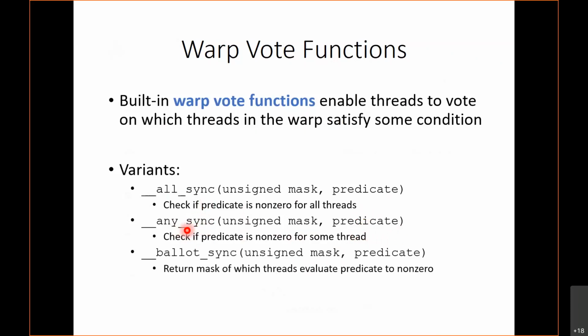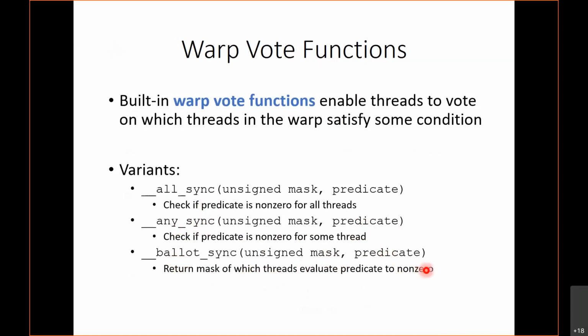Another one is ballot sync, and what ballot sync does is that it takes a mask, again, of the threads that are participating, and a predicate, and it returns a mask that has a bit set for each thread that evaluates the predicate to non-zero.